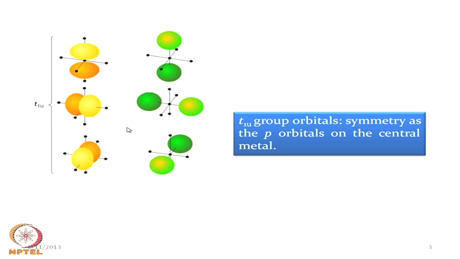So, these are the corresponding p orbitals along px, py and pz. This particular set has a symmetry level of T1U, because it is not symmetric with respect to inversion, and the corresponding matching orbitals from the ligand side are facing directly towards the corresponding p orbitals.